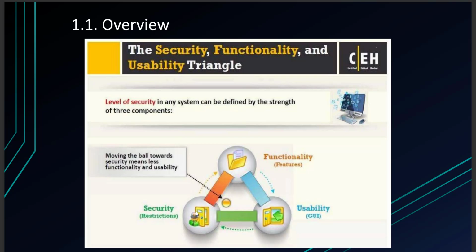These are the three main components that can cover the level of the security and the level of the accuracy and the happiness of the user as well, because this is where something we call customer success or user success, where we need to monitor these three parts. And this is what we call the security, functionality, and usability triangle.